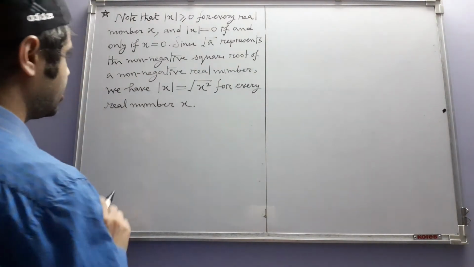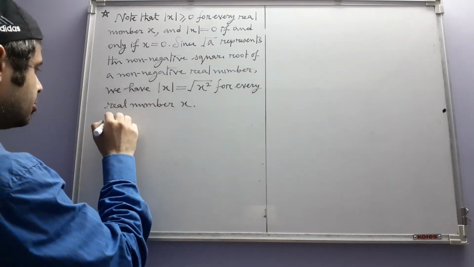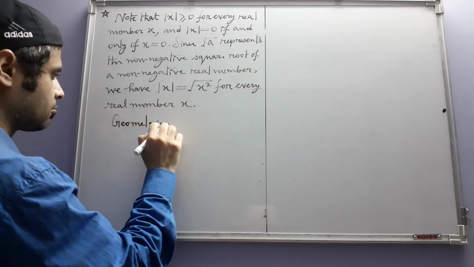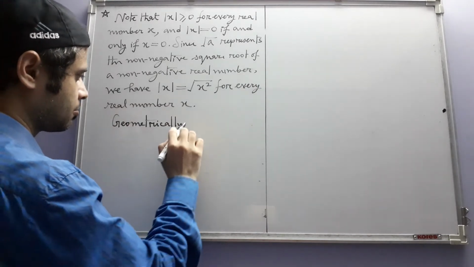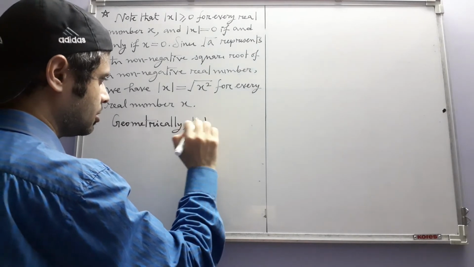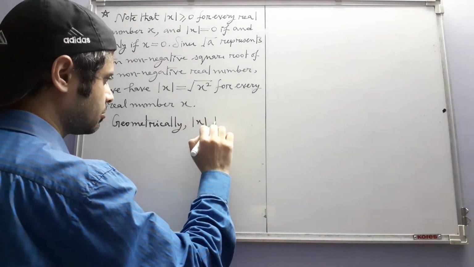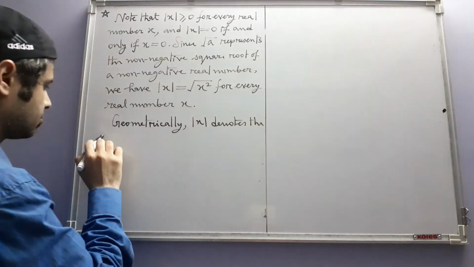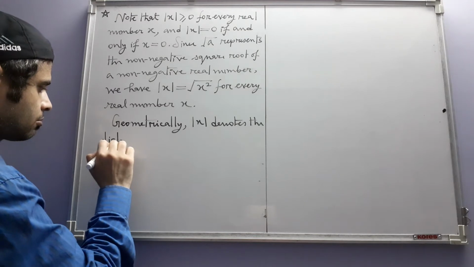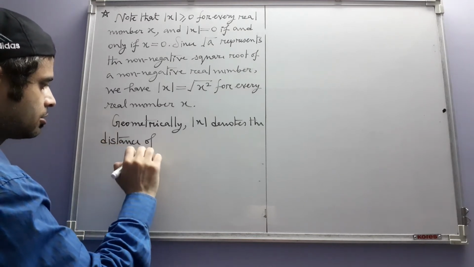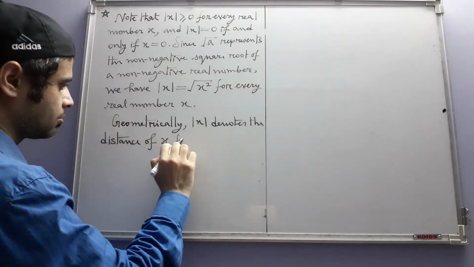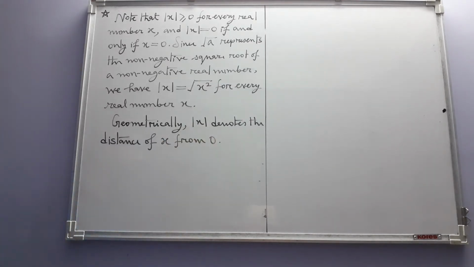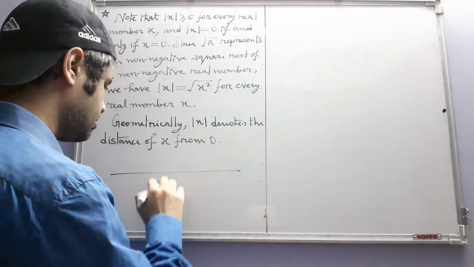And one more interpretation of this is this: geometrically, this quantity denotes the distance of x from 0. You can see it clearly.